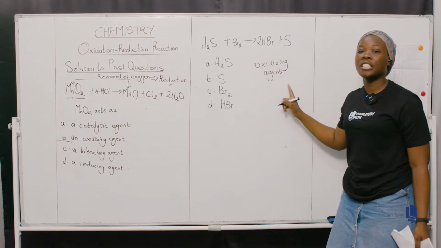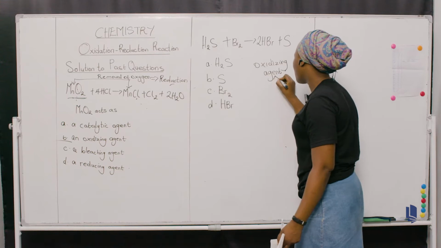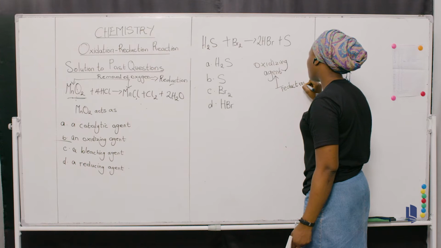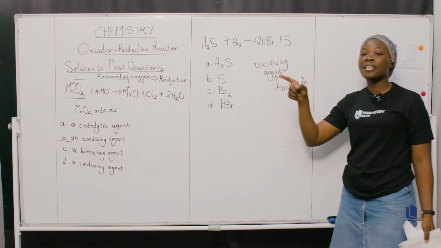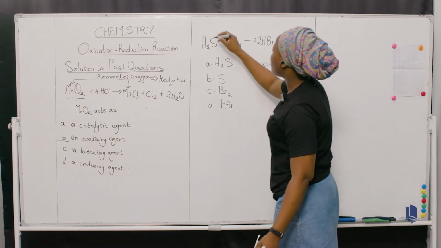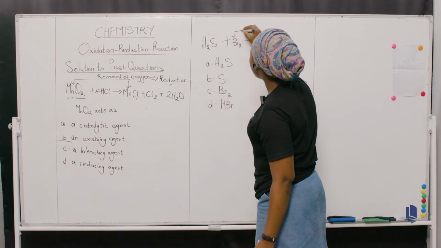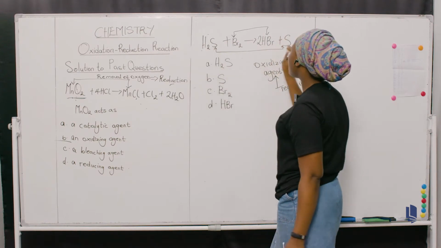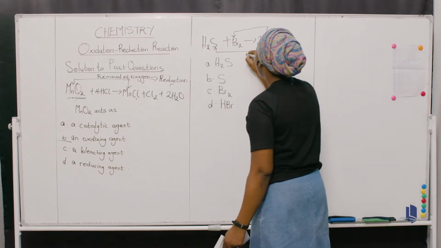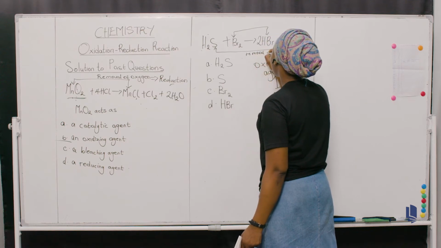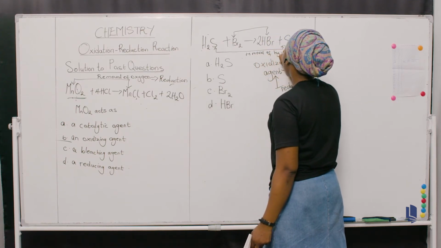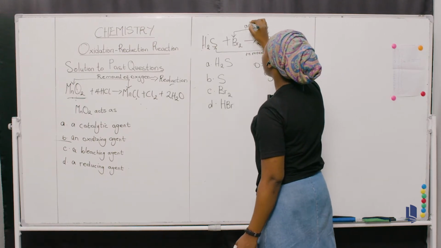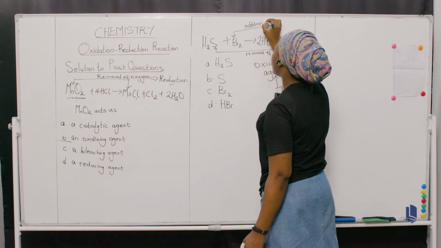We know oxidizing agents will undergo reduction. So let's look for the reduction half equation, and the reactant of the reduction half equation will be the oxidizing agent. This is from here to here, and this is from here to here. Here to here is removal of hydrogen. Here to here is addition of hydrogen.